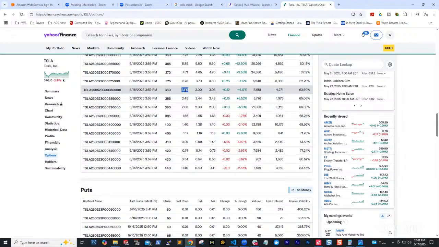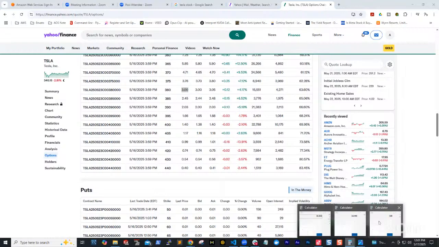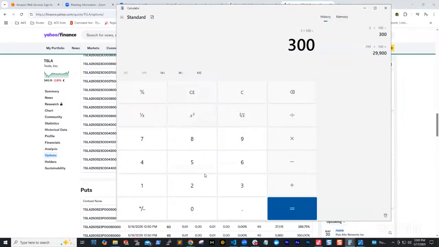So let's say you bought it at $3 and the stock went to 380 and this now became $20. So it would be 20 times 100, and if you subtract your initial investment of 300, you would have made 1,700, right? I'll show you a perfect example. That is how you make money.